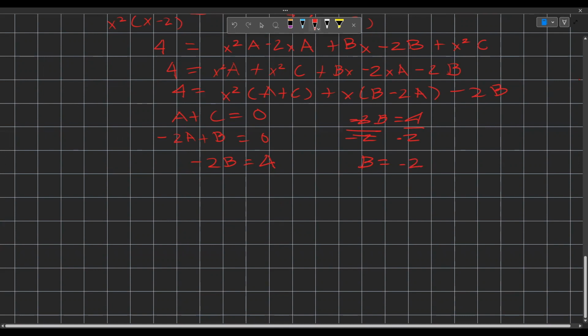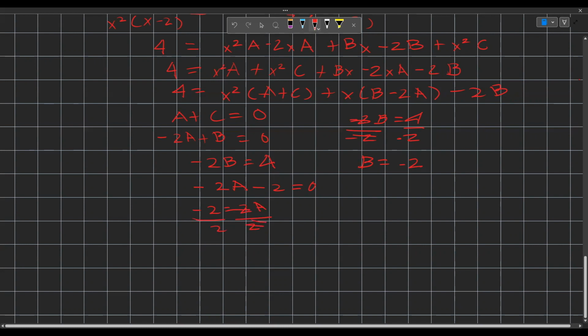Next, we can substitute the value of B here to our second equation, which means this will become negative 2A minus negative 2, or minus 2, is equal to 0. We'll just transpose negative 2A. This will become negative 2 is equal to 2A, and divide both sides by 2.